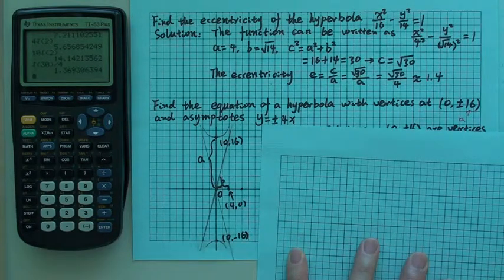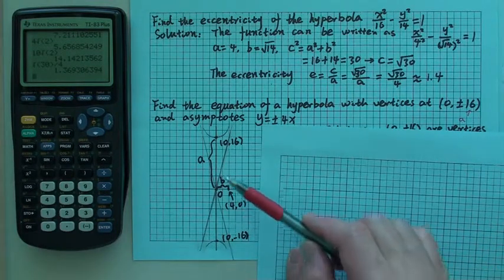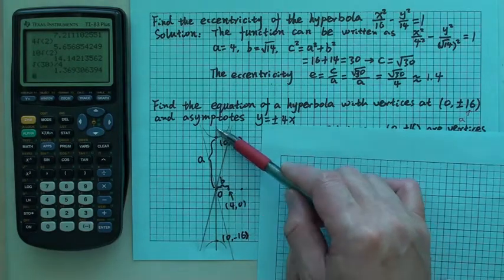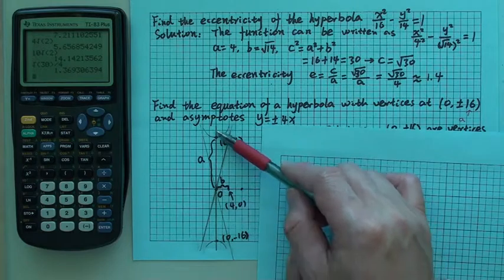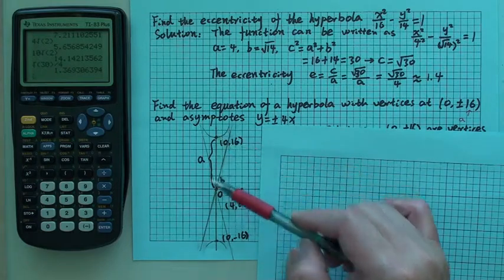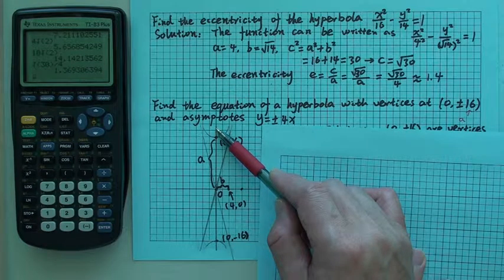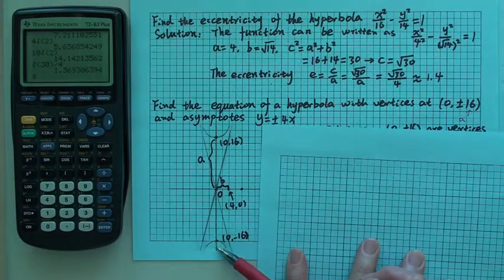Now, again, remember, a and c are always on the same axis. So one of the foci is here, and another focus is down below.